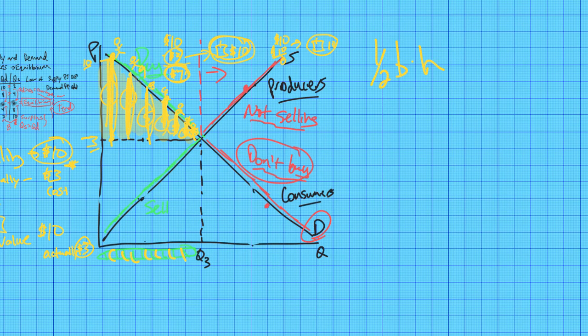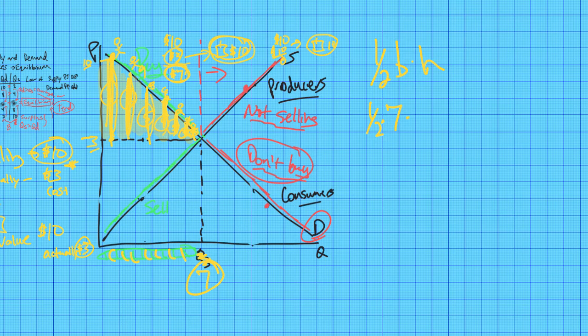So well, here, actually, let's use an actual number on this one. Let's say 7 exchanges take place. So we take 1/2, our base is 7, so 7 exchanges took place.